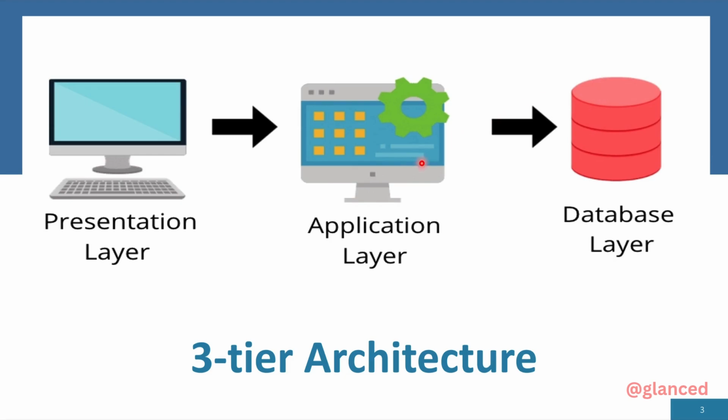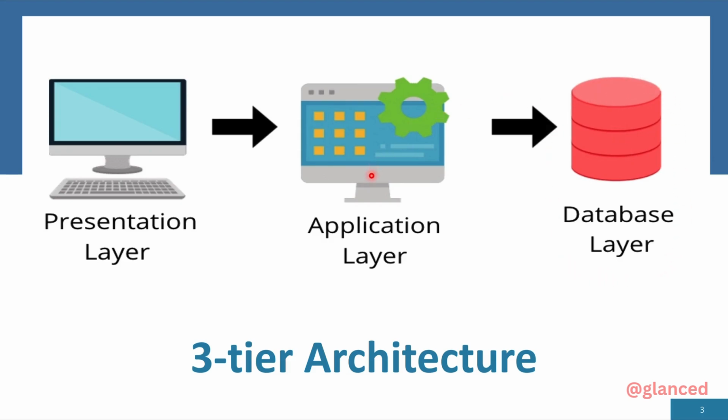Whenever you hit enter button after you type the product name, immediately you will get all the products related to it. What does that mean? It is nothing but the data. So that data is fetched from this database and this is nothing but the database layer.